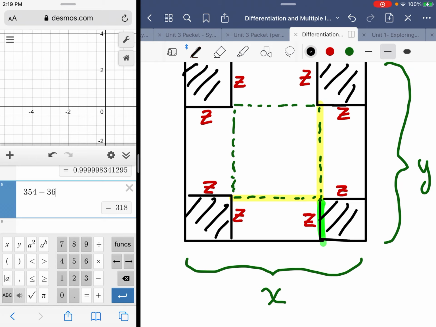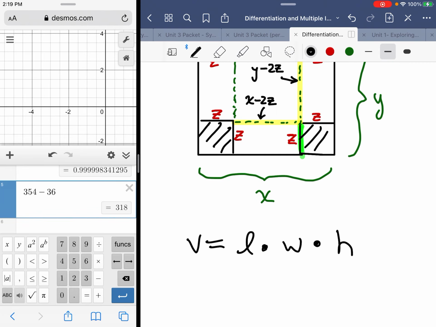So this side here, we could call x minus 2z. And this side here I can call y minus 2z. All right, so I could say v, I'll leave the "of" part out for a second.